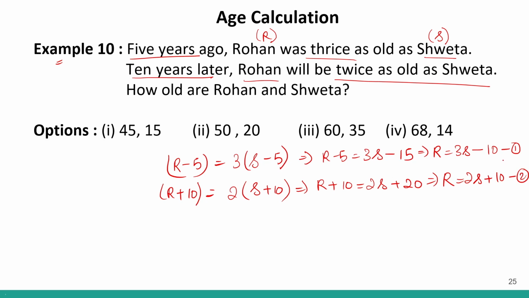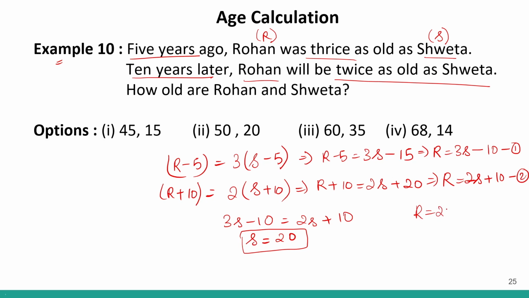Now, from equation number 1 and 2, I can say 3s minus 10 equals to 2s plus 10. Correct? If I take 2s this side, it will be 3s minus 2s. So it will be s. And if I take 10 this side, it will be 10 plus 10, which is 20. So S age is 20. Now if I put this in equation number 2.